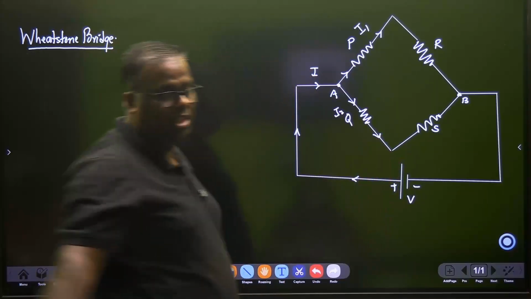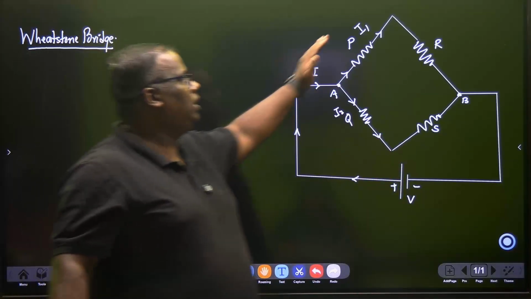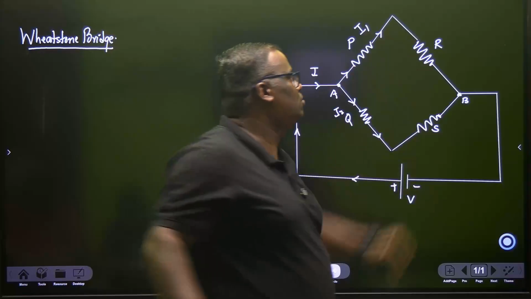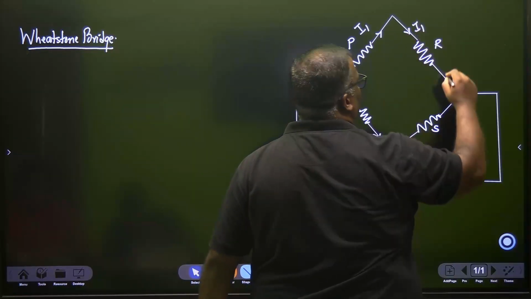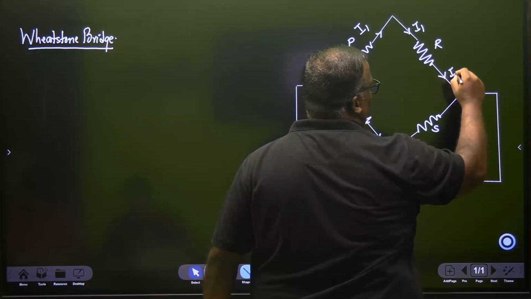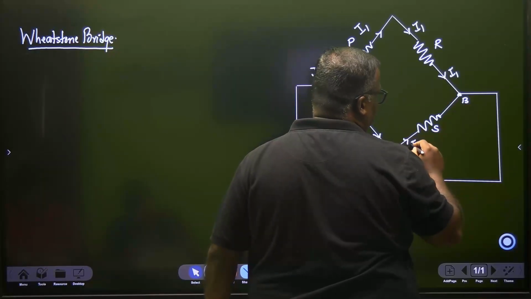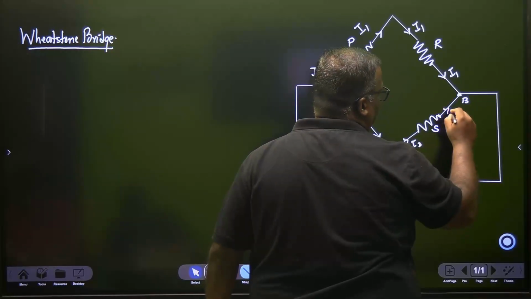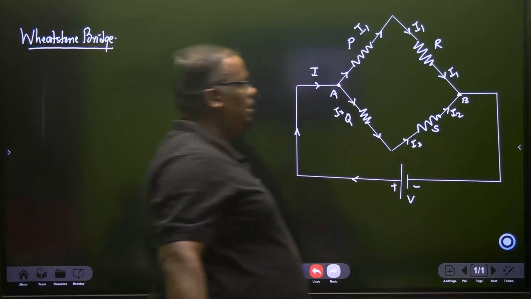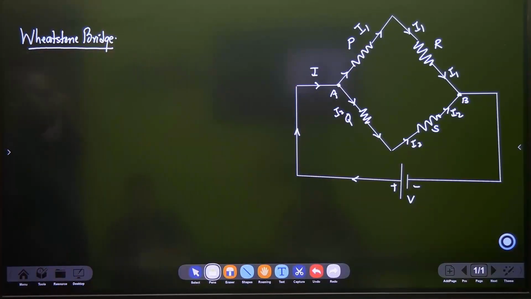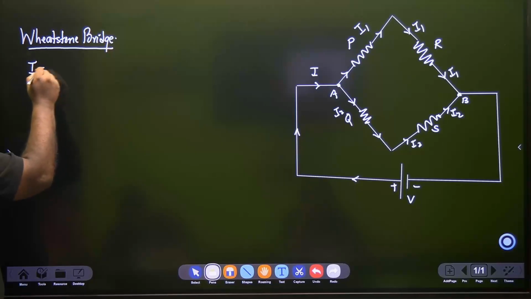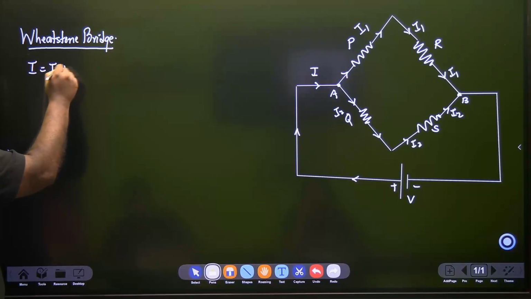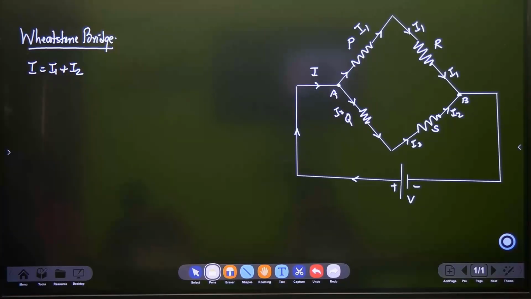Now I1 keeps on going, doesn't find any other road, so the current on this arm will also be I1, and this current is also I1. Similarly, this is also I2, and this is also I2. So applying Kirchhoff's current law, we can say the current I entering divides into I1 plus I2. Is this understood or not?